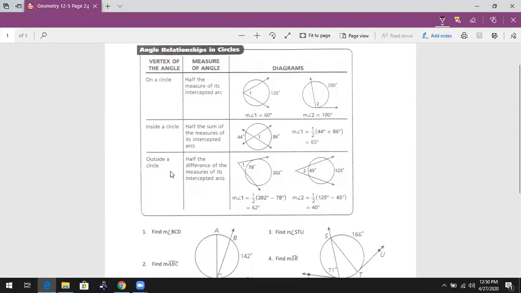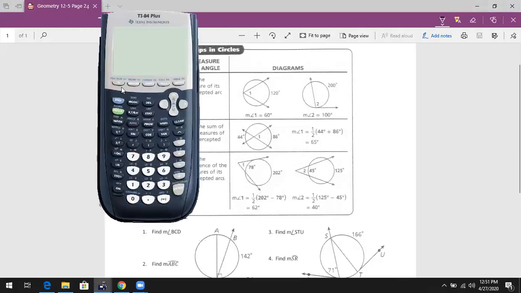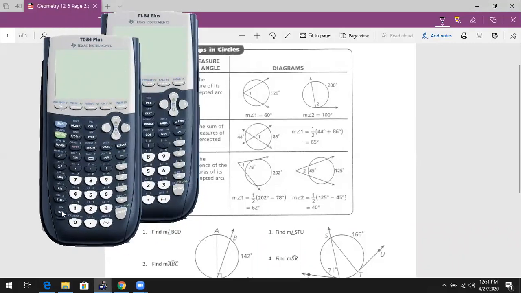And if they intersect outside the circle, and they gave us a tangent with a secant, angle 1 is half the positive difference, the big arc 202 minus the small arc 78. 202 minus 78 gives us 124, divided by 2.